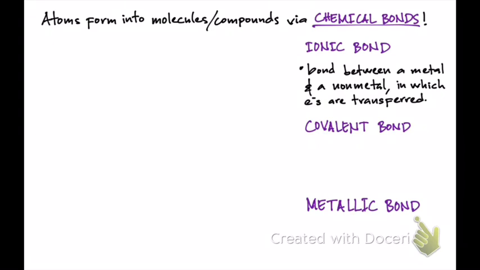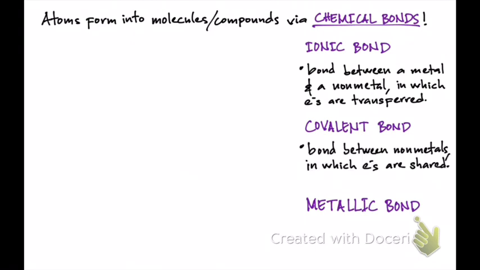So metals tend to lose electrons, and then the nonmetals tend to gain electrons. And so the electrons that are lost from the metals are gained by the nonmetals, and hence you have a cation and an anion, a positive charge and a negative charge, ions that are interacting together via ionic bonding.